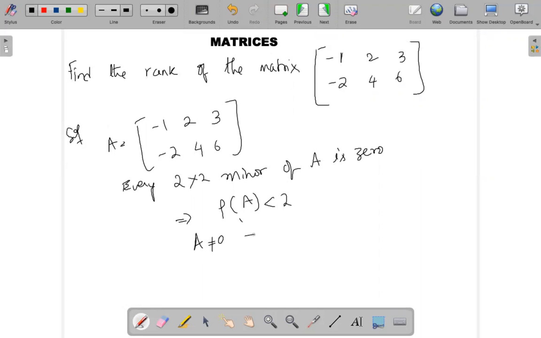And this implies that the rank of A is greater than or equal to 1. Therefore we can say that the rank of the matrix A is equal to 1.